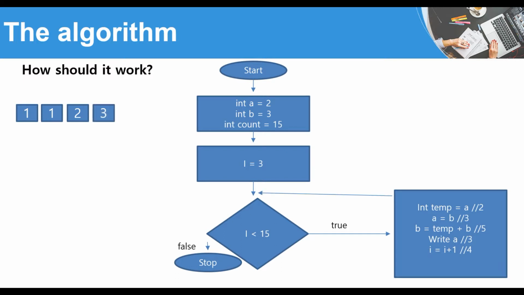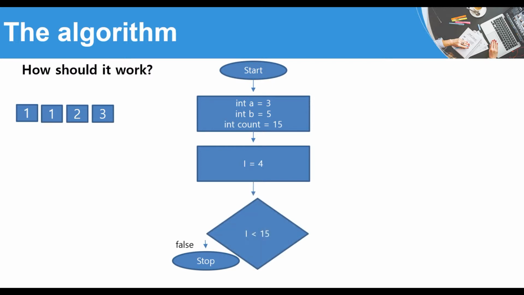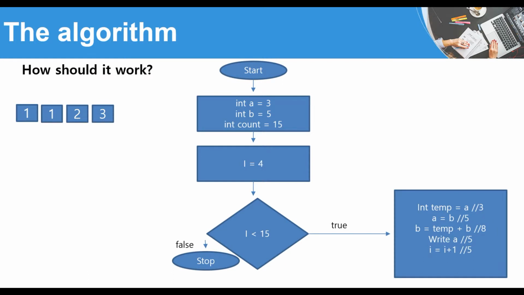So when we go to the next step of the iteration, we have a equals 3, b equals 5 as a starting point, the internal for loop counter equals 4, and is 4 less than 15? Yes, it is. And once again we perform the same type of actions, and what we see is that the new a will be equal to 5. So what we will print to the console is 5.